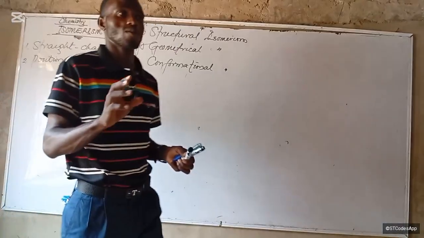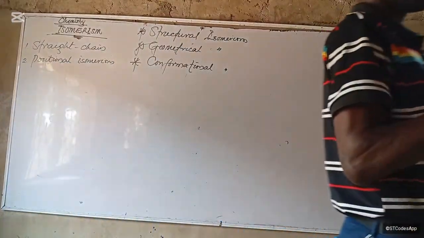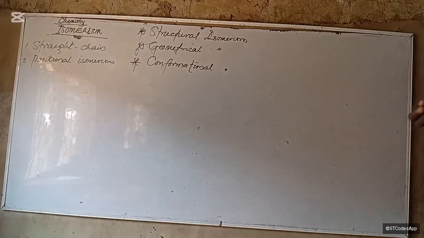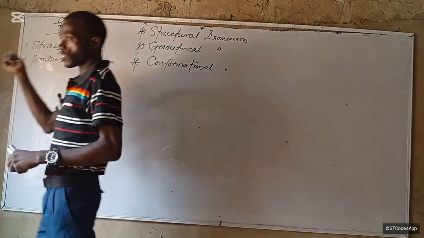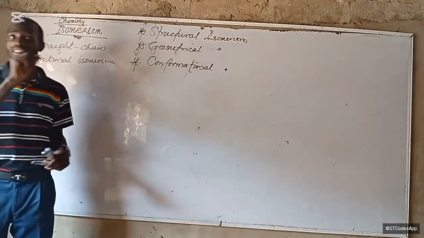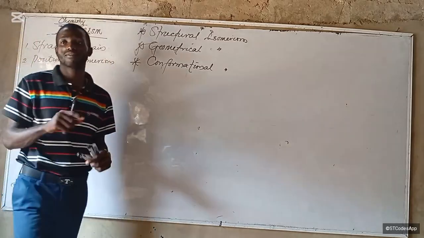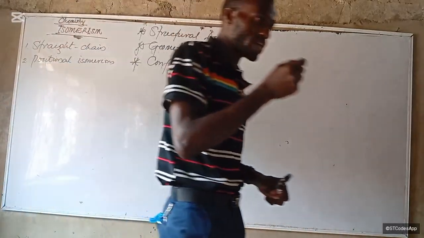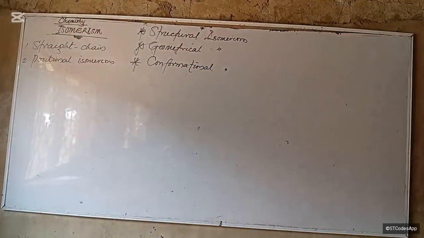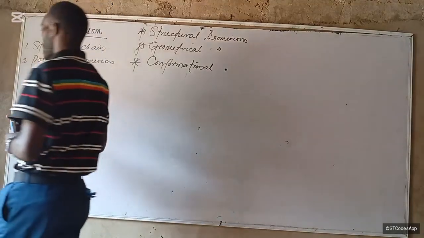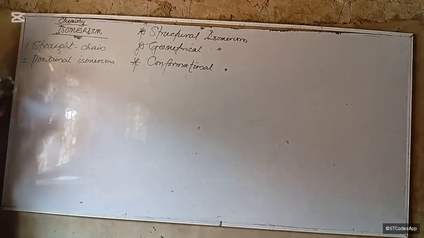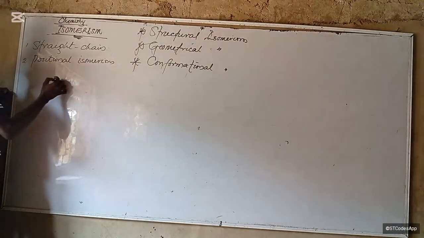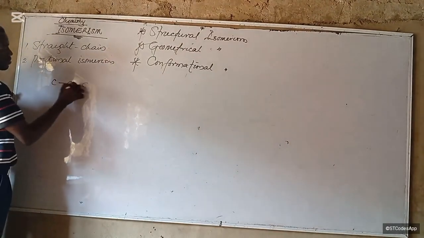But this time, it is the movement of a substituent along the carbon to carbon chain. What did I say? The movement of a substituent along the carbon to carbon chain. All right. So, for example, I could have this now.